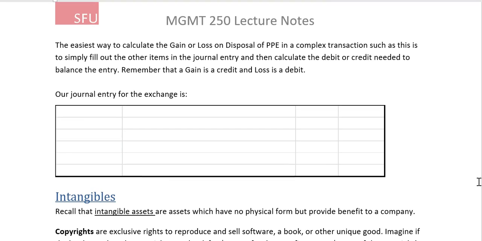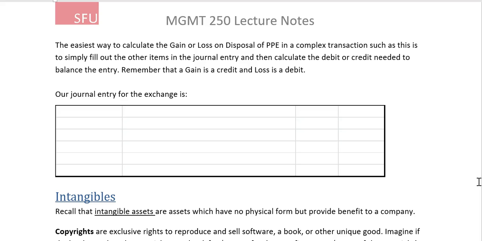The simplest way to calculate the gain or loss on disposal of PP&E in a complex transaction such as this is to simply fill out the other items in the journal entry and calculate the debit or credit needed to balance the entry. Remember that the gain is a credit and loss is a debit. So that's the key. You have to remember what's credit and what's debit.